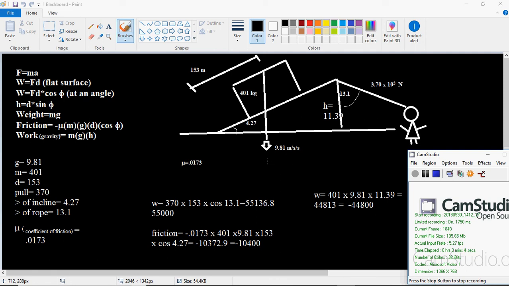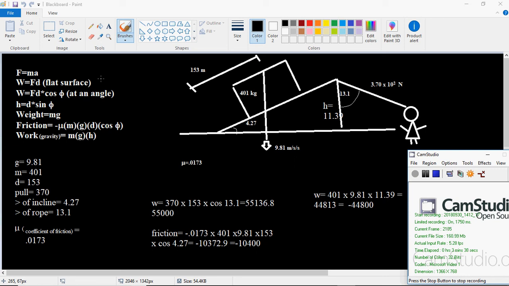Let's get started. First of all, we were told to show the work done by the person. Okay? Now, if you'll see over here, I have shown that work equals force times displacement. Well, that's the simple, but it only works if you're on flat ground and you are pulling that box parallel to the ground in a straight line.